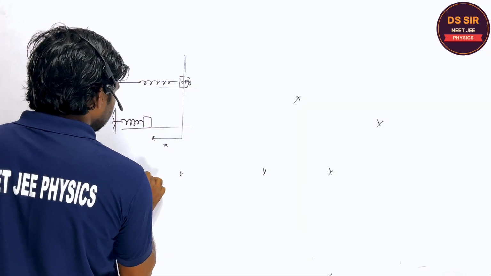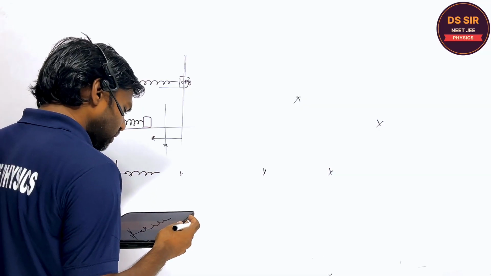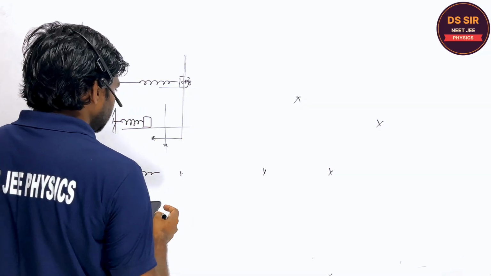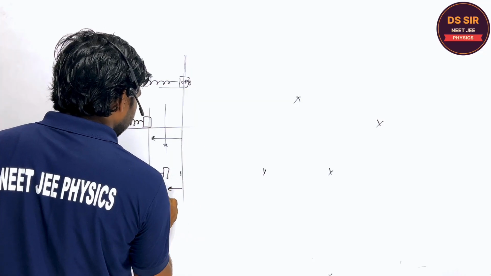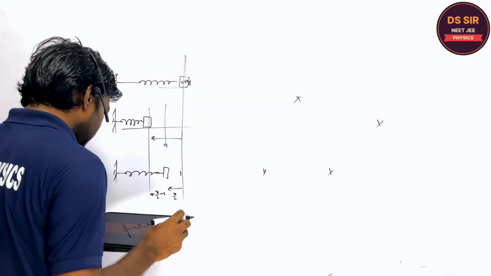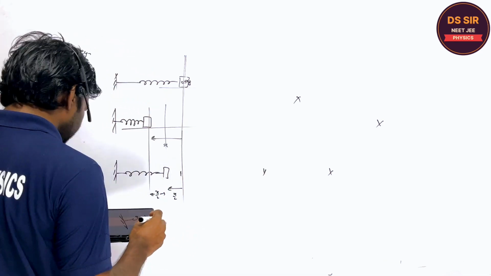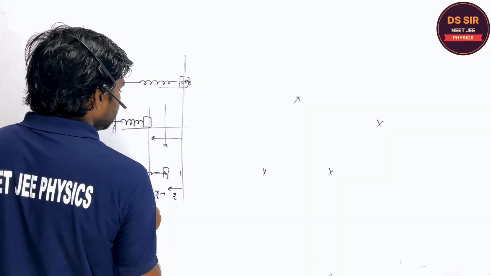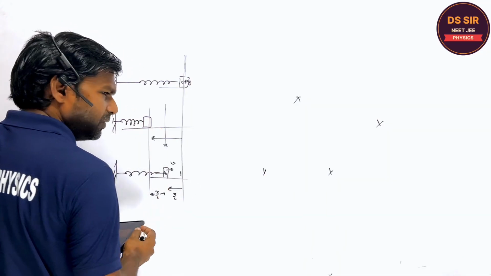When it is released, after approaching the half distance from the equilibrium position, this is x by 2, this is x by 2. It hits another block and comes to rest momentarily. Suppose this is the mass m. When it hits, it will have some velocity v.